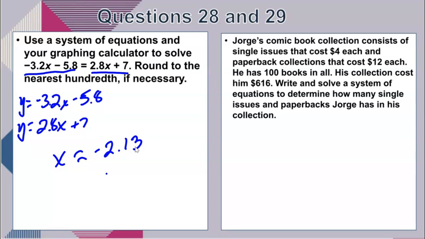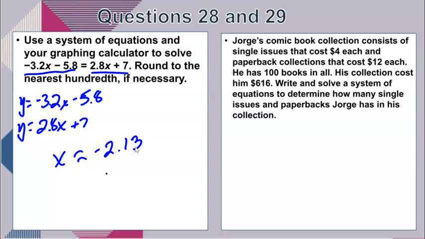Question 29. Jorge's comic book collection consists of single issues that cost $4 each and paperback collections that cost $12 each. He has 100 books in all. His collection cost him $616. Write and solve a system of equations to determine how many single issues and paperbacks Jorge has in his collection.